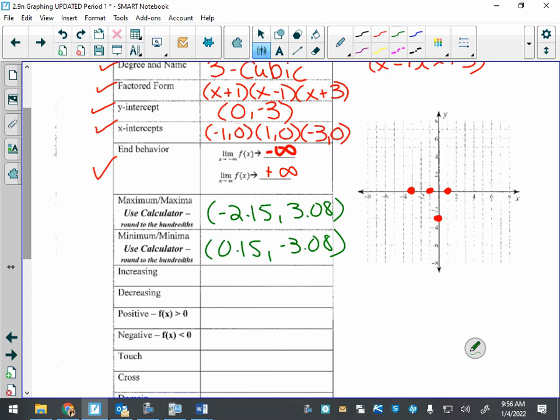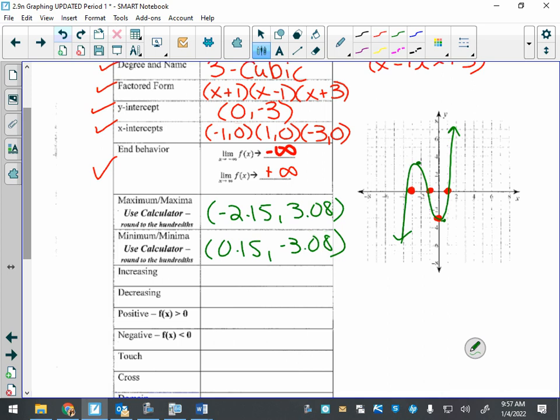Okay, plot those points. And again, just a sketch.